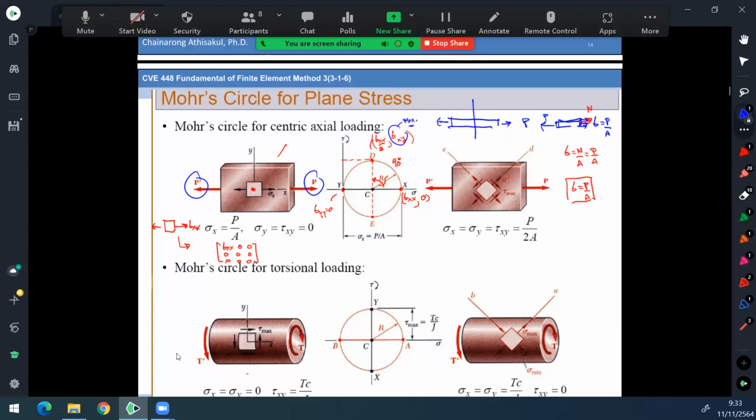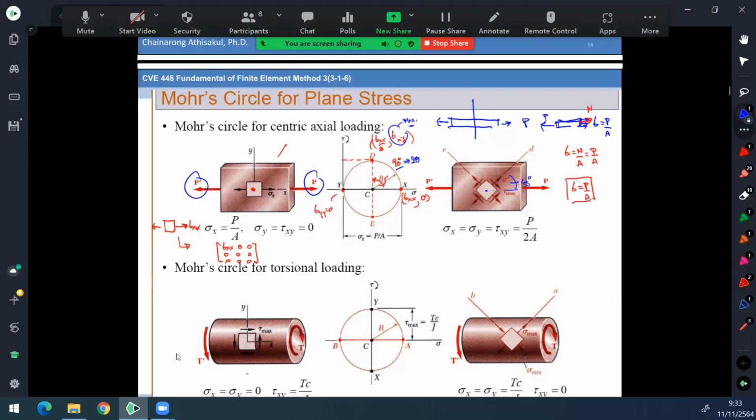Okay. When we rotate in Mohr circle with 90 degrees, it means that we rotate the plane just only 45 degrees. Okay, because this is the angle of 2 theta, right? According to the mechanics of material.